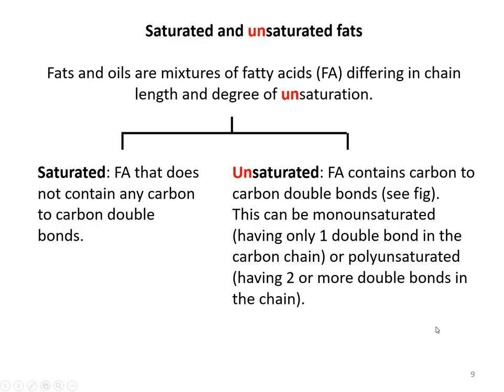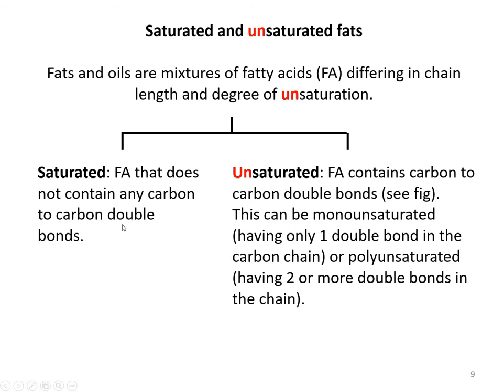What else do we need to know about fatty acids? Basically, we have to know about saturated versus unsaturated fats. Fats and oils are mixtures of fatty acids differing in chain length and degree of unsaturation. The difference between them, to be simple and easy to remember, is that saturated fatty acids do not contain any carbon to carbon double bonds.